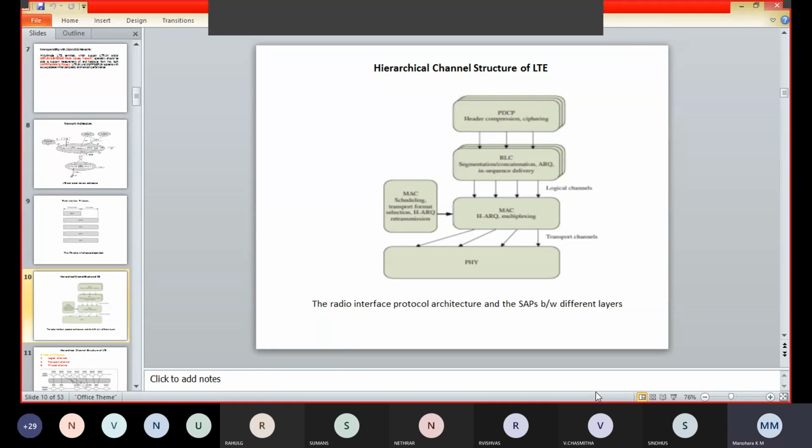So here besides the transport channels, there are different types of control information which are defined in the MAC layer, which are important for various physical layer procedures.